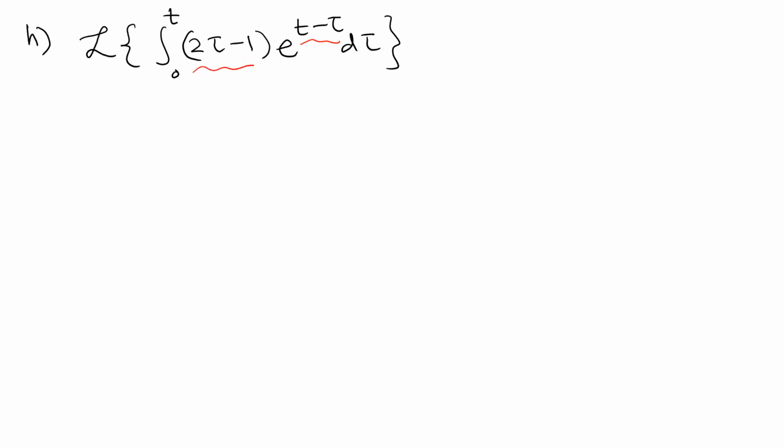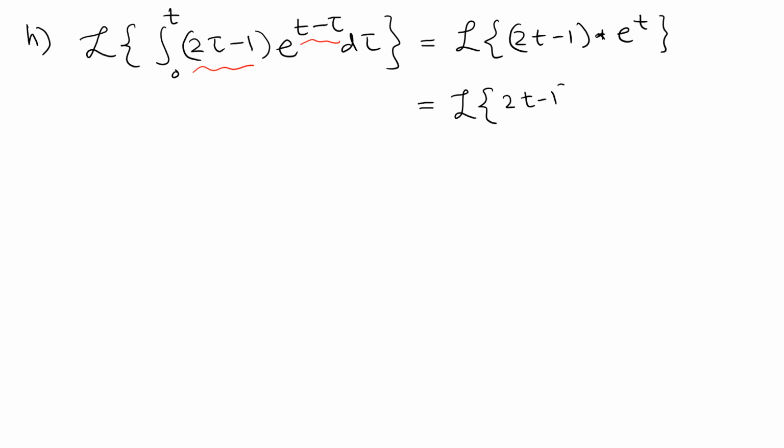So that means this is simply going to give you the convolution between 2t minus 1 convoluted with e to the t, by the definition. So by the convolution product, what you need is the Laplace transform of 2t minus 1 and e to the t.